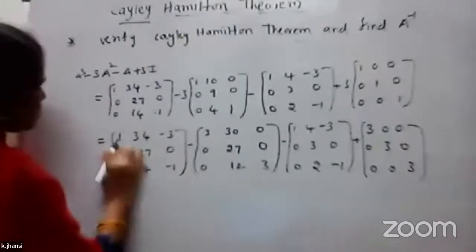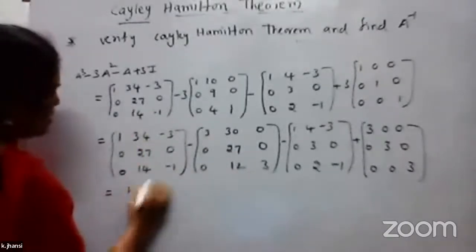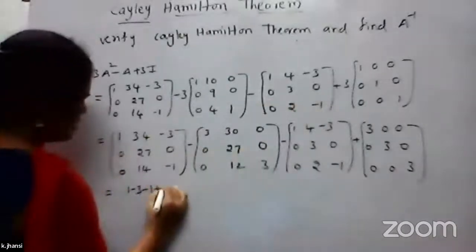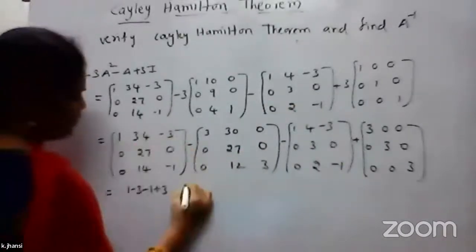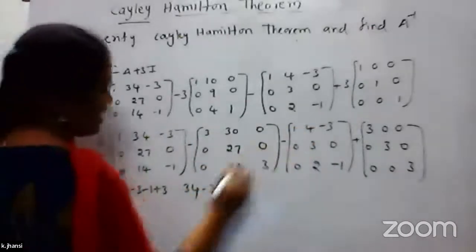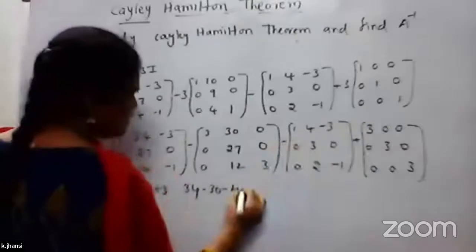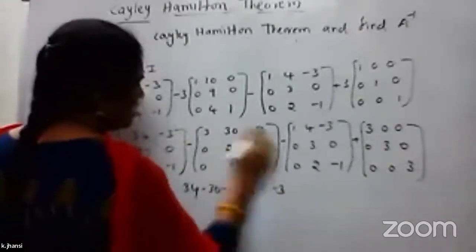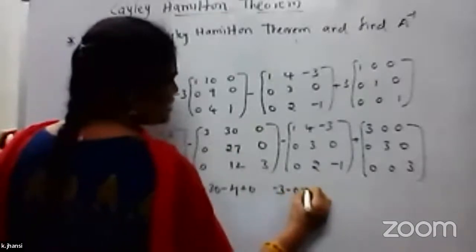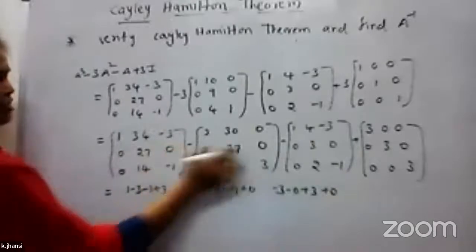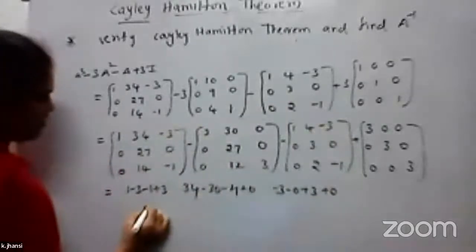So it is equal to 1 minus 3 minus 1, and the last one is plus 3. Next, 10 minus 12 plus 2, this is 0. Next, minus 3 minus 0, minus into minus is plus 3, plus 0, all terms we have as 0.